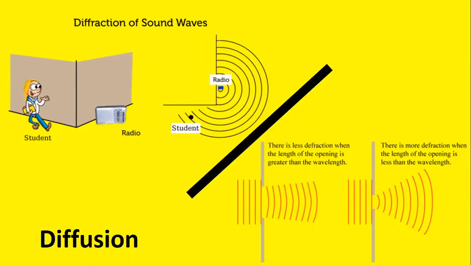For a given type of waves, such as sound waves, how much the waves diffract depends on the size of the obstacle, or the opening in the obstacle, and the wavelength of the waves. The picture in the lower right shows how the amount of diffraction is affected by the size of the opening in the barrier. Note that the wavelength of the wave is the distance between the vertical lines.